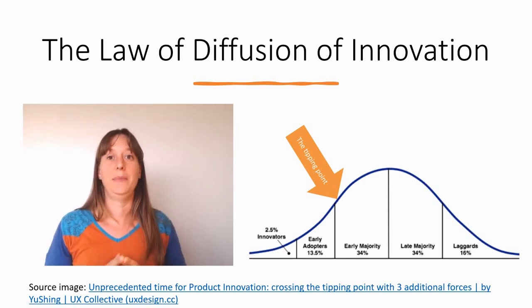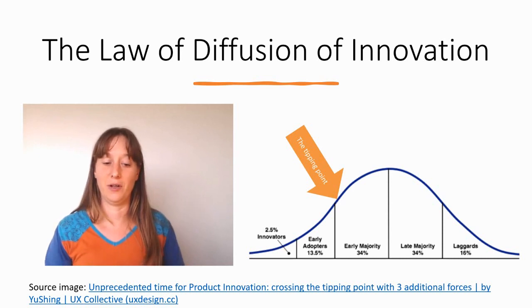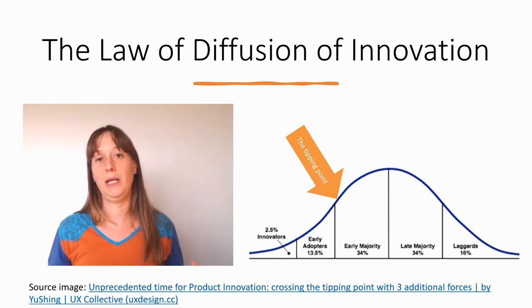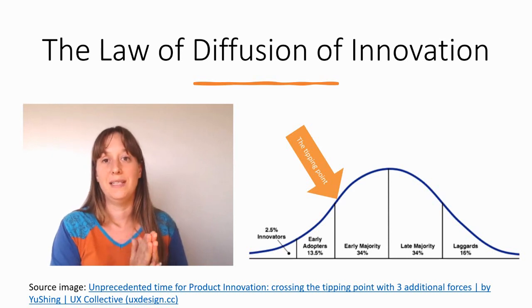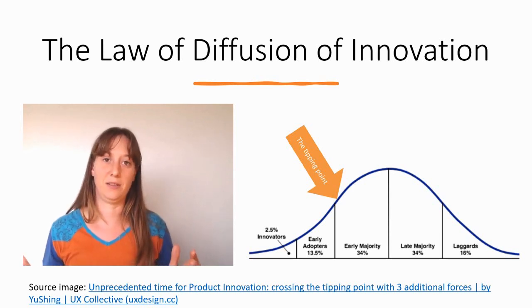Now let's talk a bit more about that early adopters concept. This is probably something you've seen before, the law of diffusion of innovation. It's really quite famous. As you introduce a product into the market, different people come in at different times of this curve.